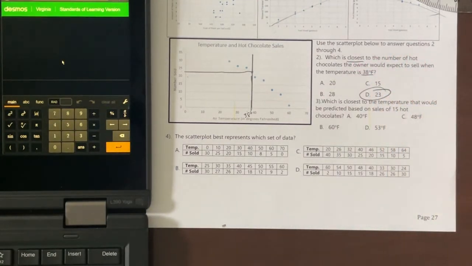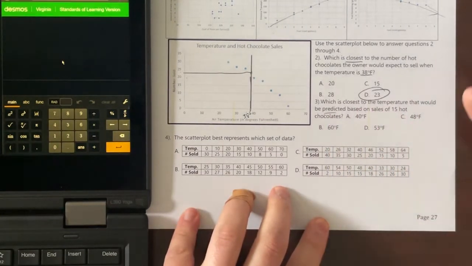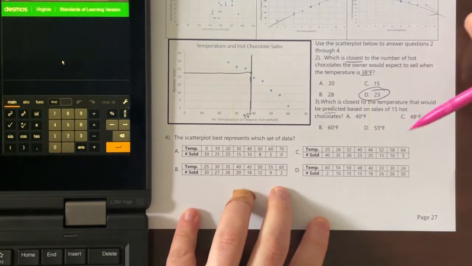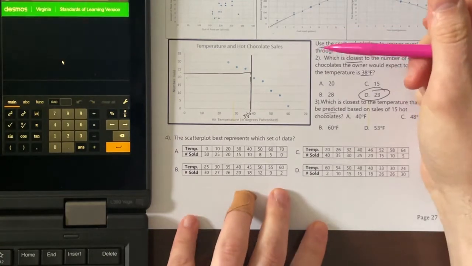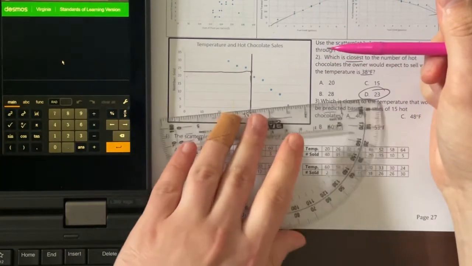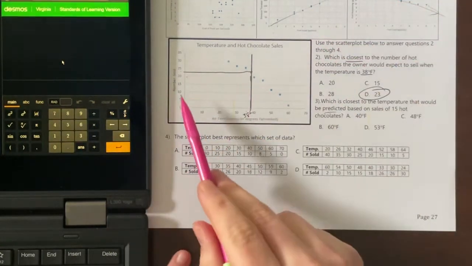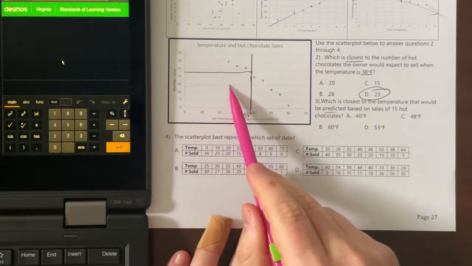All right, for number 3, it says, which is the closest to the temperature that would be predicted based on the sales of 15 hot chocolates? So now we can say, all right, it's predicted, meaning you're trying to guesstimate where it'd be at. So again, find that line of 15. I can see this line of 15 is right here.